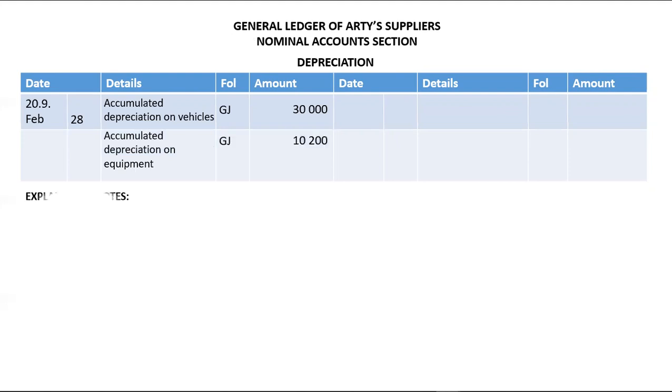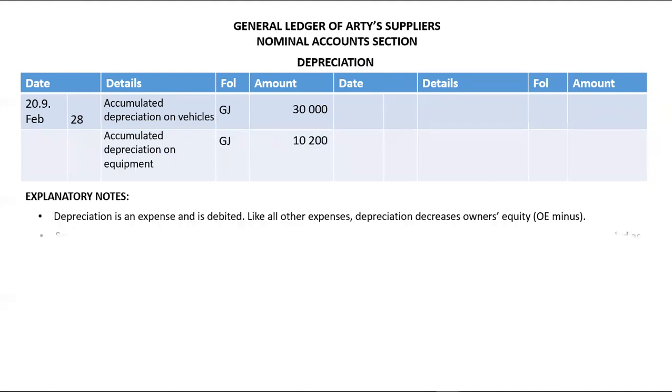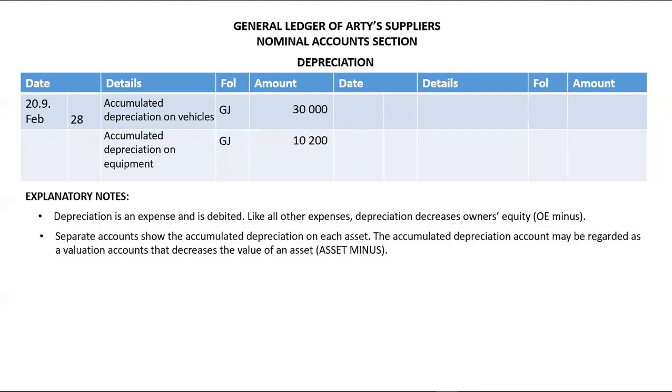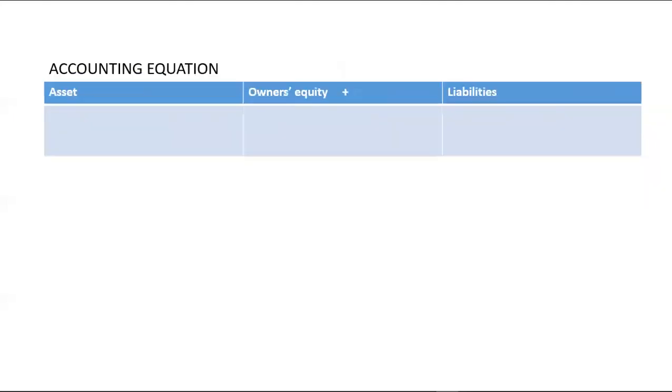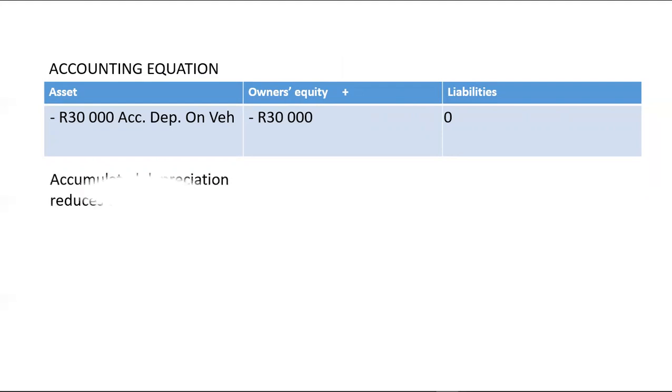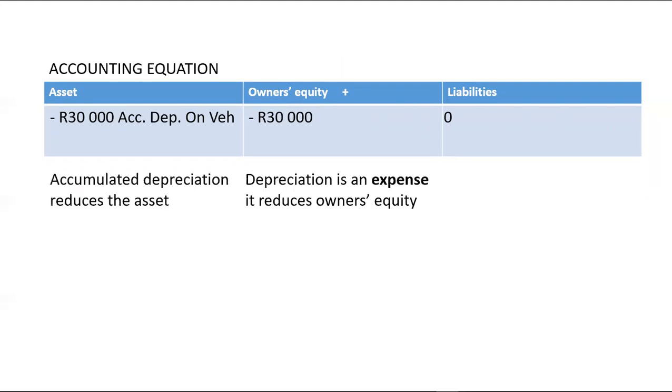How do we recognize this though in the accounting equation? In the accounting equation, accumulated depreciation will decrease your assets. That's why I've got minus 30,000 for accumulated depreciation on vehicles, minus 30,000 under owner's equity. That is because depreciation is an expense and it reduces owner's equity. And then I'm going to have minus 10,200.